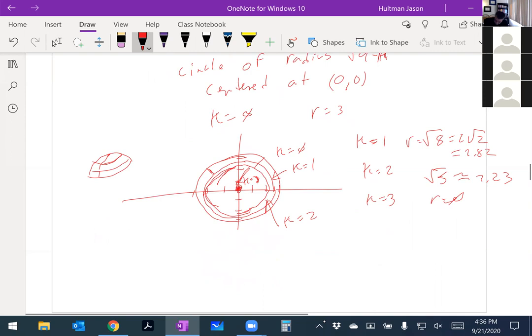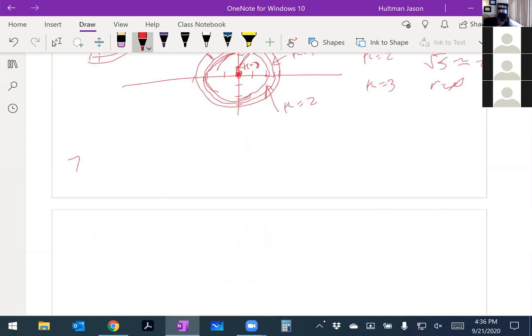Okay, number 7. Sketch level curves of z equals 6 minus 3x minus 2y.